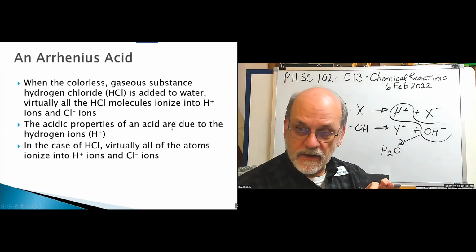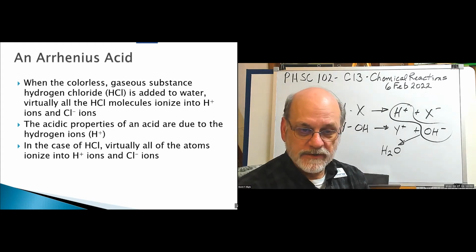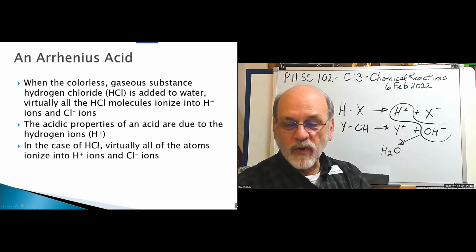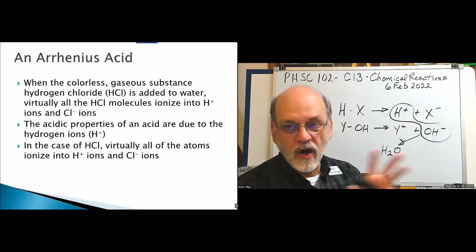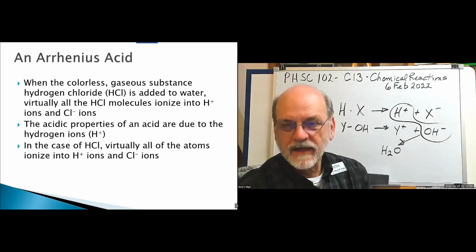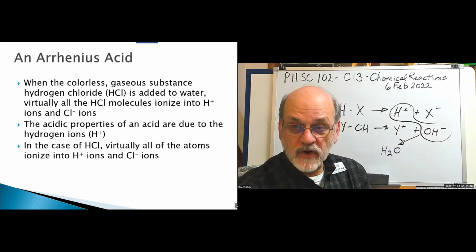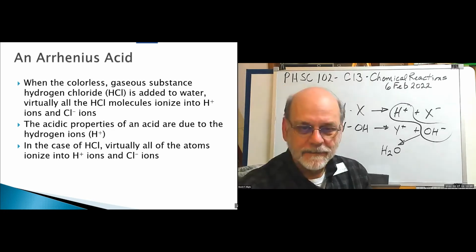Now, this is also known as a strong acid. And in chemical terms, strong means complete dissociation. So HCl, when it goes into solution, breaks up completely. There are no HCl molecules left. It's all hydrogen and all chloride. That's strong. Now, if the concentration is very low, it's still a strong acid in chemical terms.